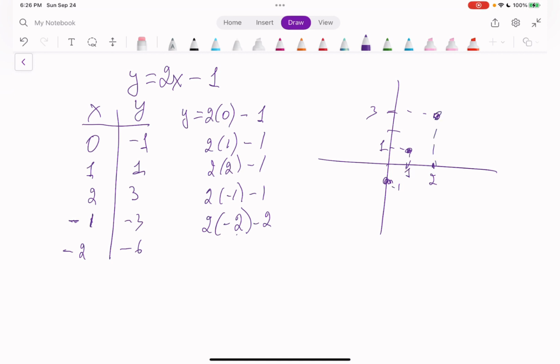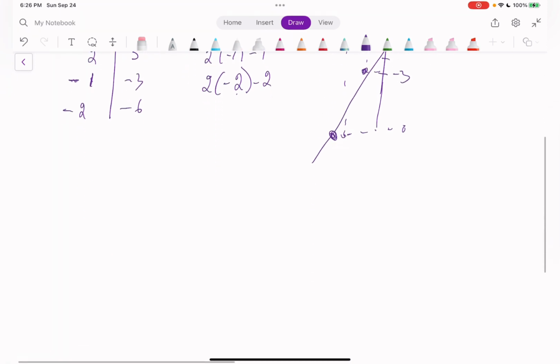And then x is negative 1, y is negative 3. And x is negative 2, and y is negative 6. Let's say this is negative 6, and connect the graph. Okay, looks like it should be here. That's the first method, by points.